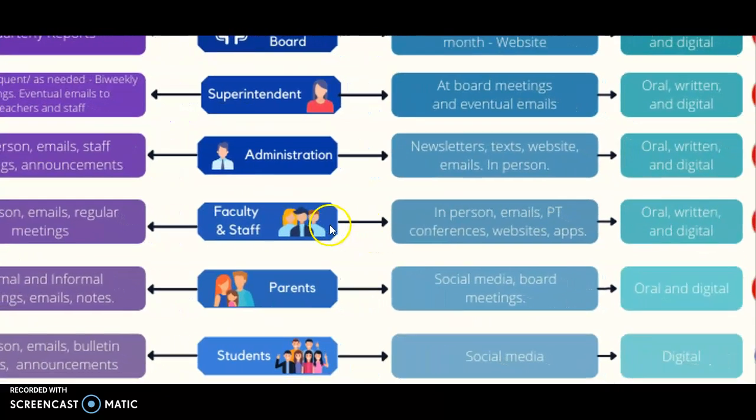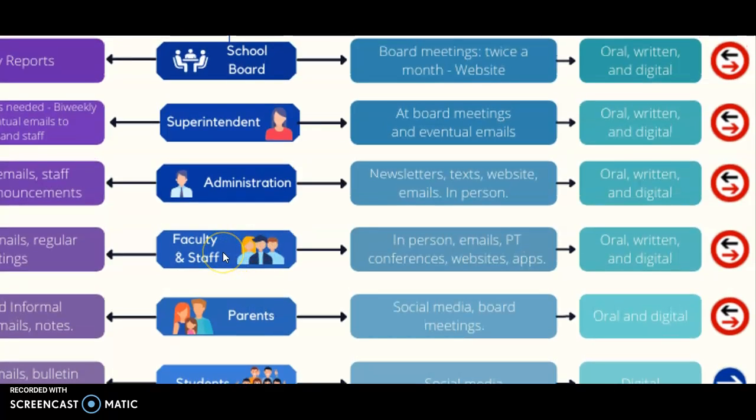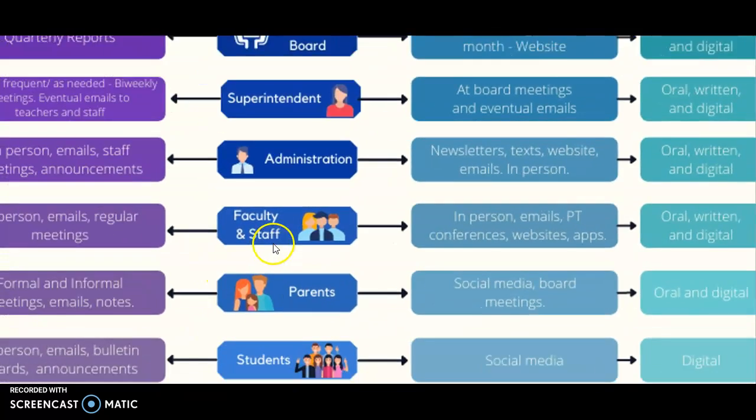When the staff communicates with the community or people outside school, that happens in person, by emails, at parent-teacher conferences, through websites and apps. This communication happens in oral, written, and digital ways, and it also happens in both ways.